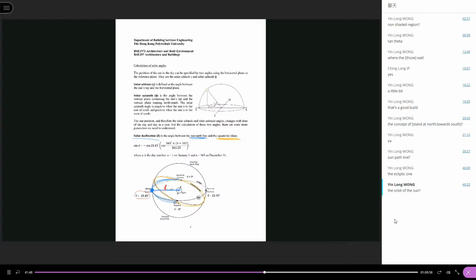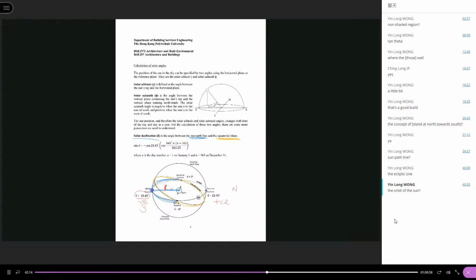It is negative for the winter solstice. For an object in the south of the equator, the solar declination is negative, and for an object in the north of the equator, it is positive.